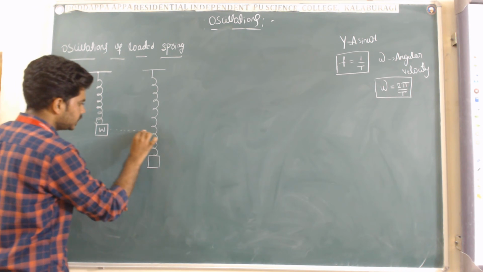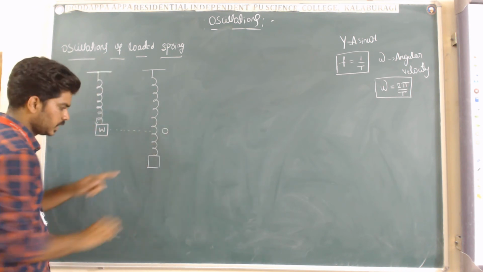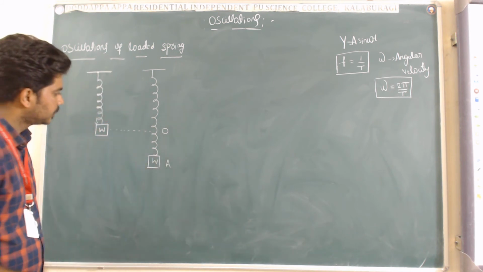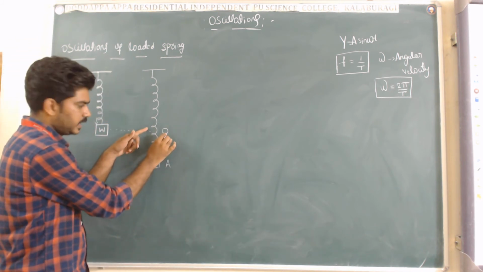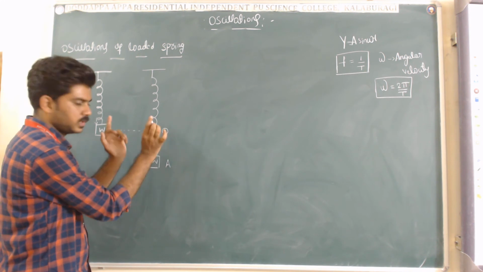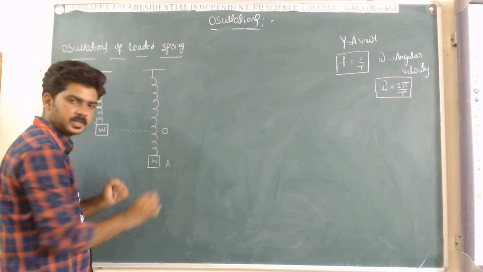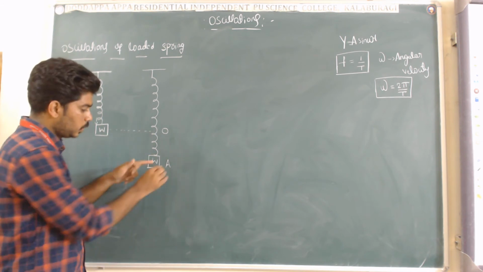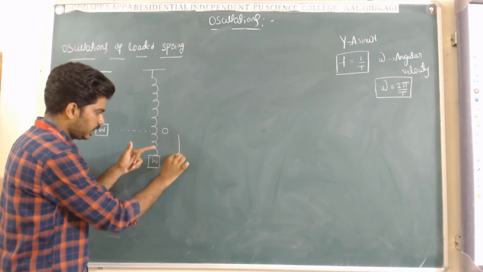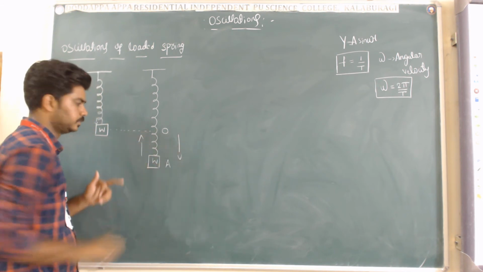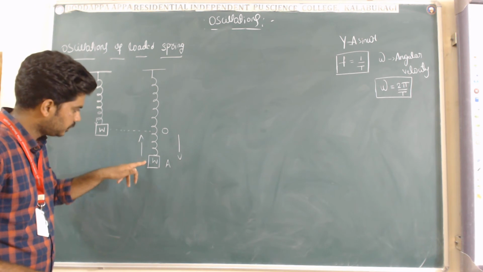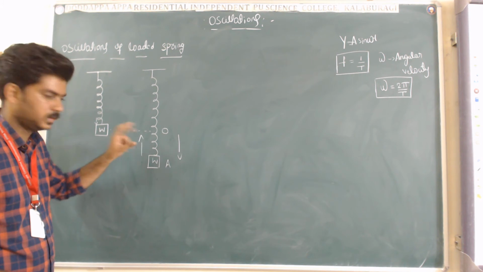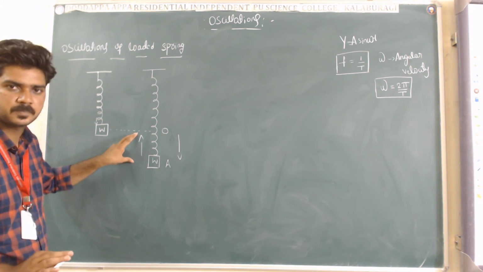This is the mean position O, and this other position you may name A. While oscillating, it will be at the position O at some instant and at A at another, going from O to A and A to O. While going from A to O, downward to upward, it has the restoring force.